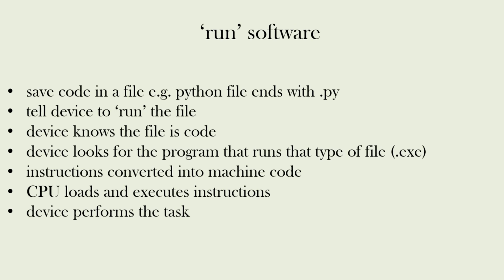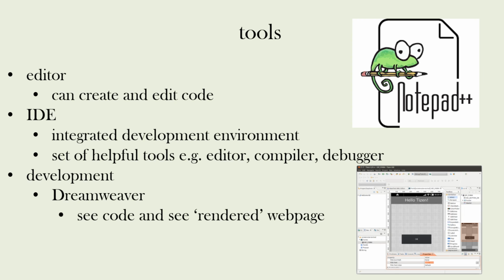So it looks on the computer, the device, for the correct executable file, so .exe file, that can run your software, your code file. Now those instructions are then converted into machine code, which the device CPU loads and executes. So there it performs the task. So that's how we run software.